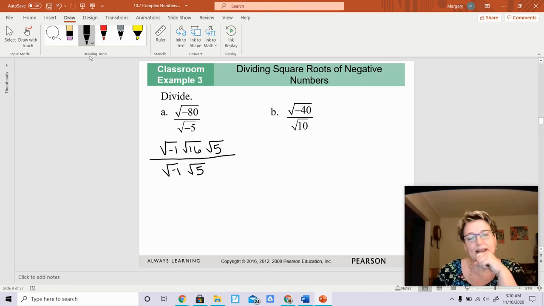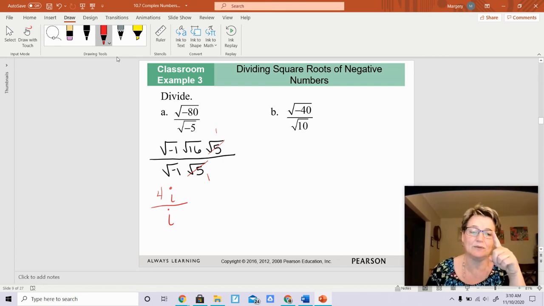Now, the square root of -1 is i. Well, let me just reduce the numbers first. I know this will cancel out with this one. And I'm just going to be cautious, and I'm going to put i, and the square root of 16 is 4, over i.